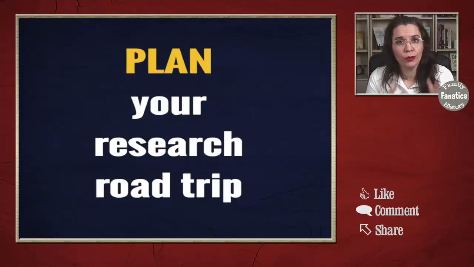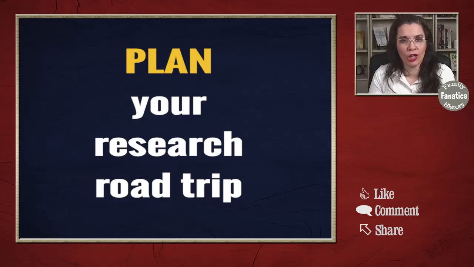The first thing you're going to do is find the cemetery, make a map, and also find out the hours and the restrictions of those cemeteries. Not every cemetery is open to the public. Not every cemetery allows you to take pictures, which I'm not sure why, and there are some other restrictions that are taking place there. So you do want to call ahead and get all of that information.